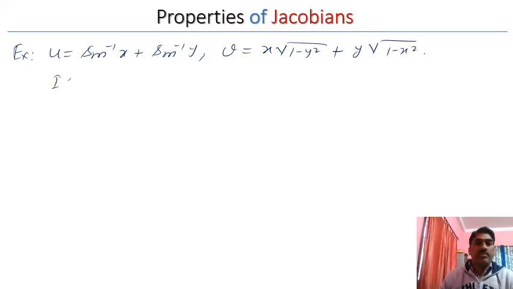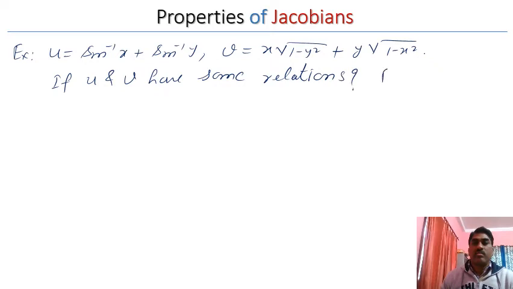If u and v have some relation, find it. We have to see if u and v have some relation. So this will be done by Jacobians. And if there is some relation, the question says find the relation. So let us try to check it.